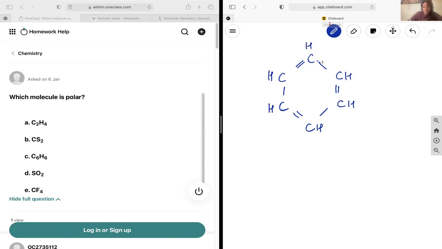And so you have 6 hydrogens, 6 carbons. You can double check your valence electrons. We should have 4 times 6 plus 4, 24 plus 4, 28. Let's just double check that we do have that. Let's not forget to count these as well as bonds.